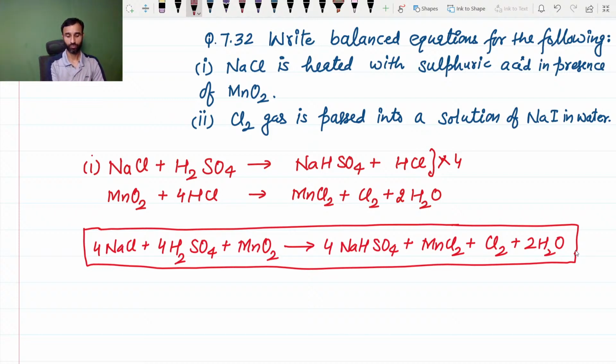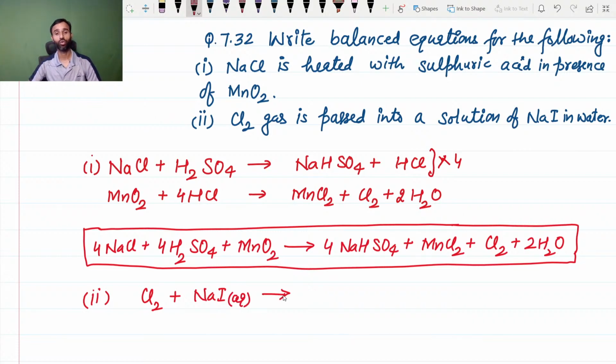Second is Cl2 passed through sodium iodide in water. So Cl2, chlorine is a stronger oxidizing agent than iodine. Fluorine is the strongest, then chlorine, then bromine, and then iodine, because the reduction potential of chlorine is very high as compared to iodine.